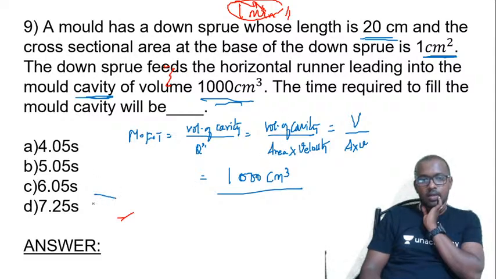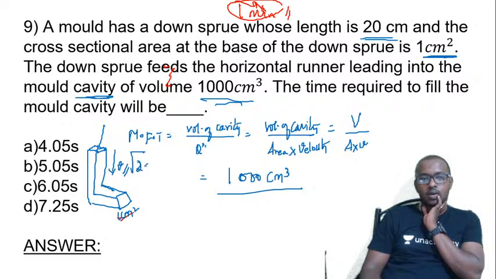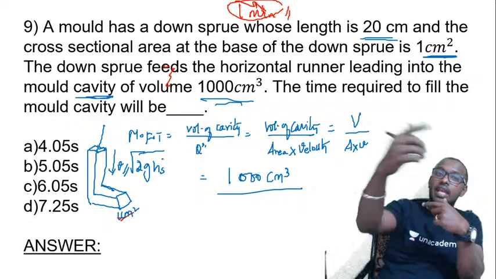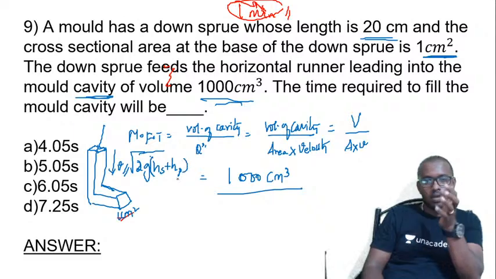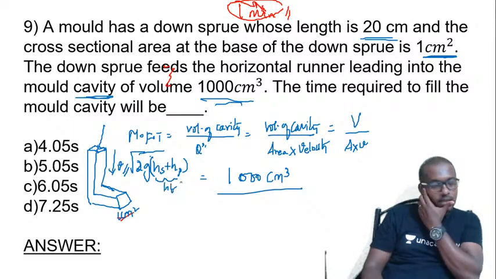See, they are saying the cross section area will be 1 centimeter square, and the height is influencing your velocity. Okay, so that is nothing but root over 2g h of sprue. If additionally any length is given, you have to add it here, h of pouring basin, which can be written as h of t sometimes.